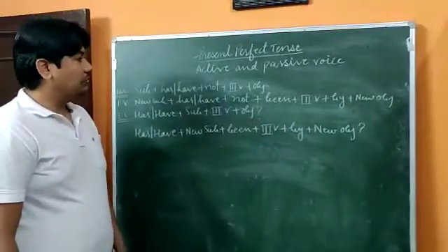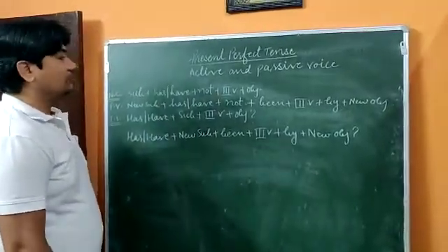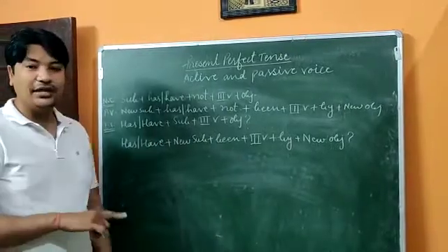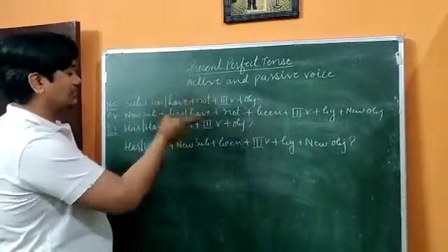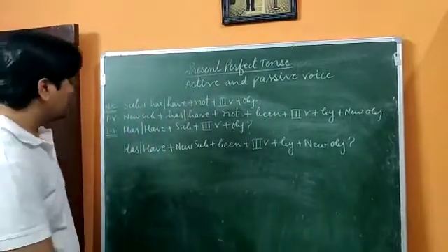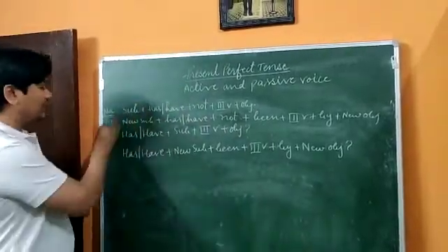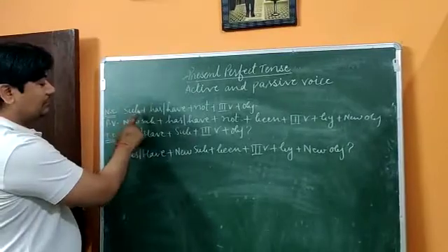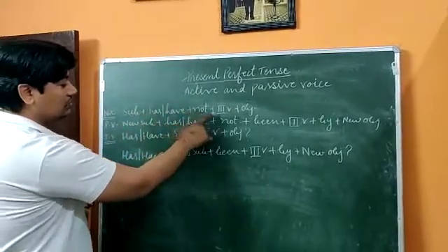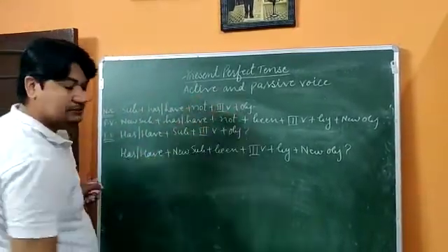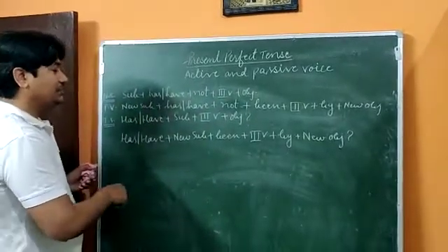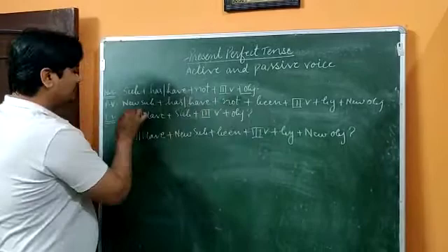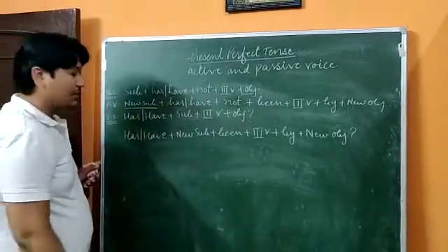Thank you. Students, now we shall learn how to change negative and interrogative sentences of present perfect tense into passive voice. I have written here the structure of negative sentence: subject, has/have, not, third form of verb, object. When you will change this structure into passive, then this object will become new subject.